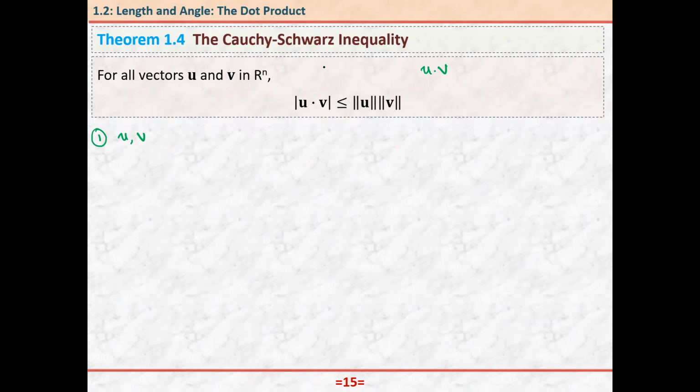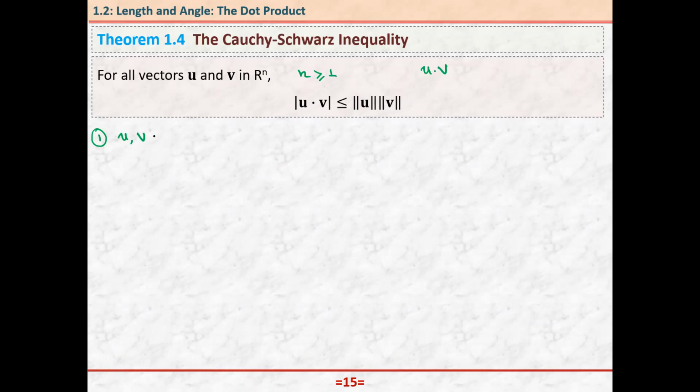What is n? We know that n is greater than or equal to 1. Actually here we have the dot product. When n is 1, we have only one component, so we have equality. Actually it works for any dimension.